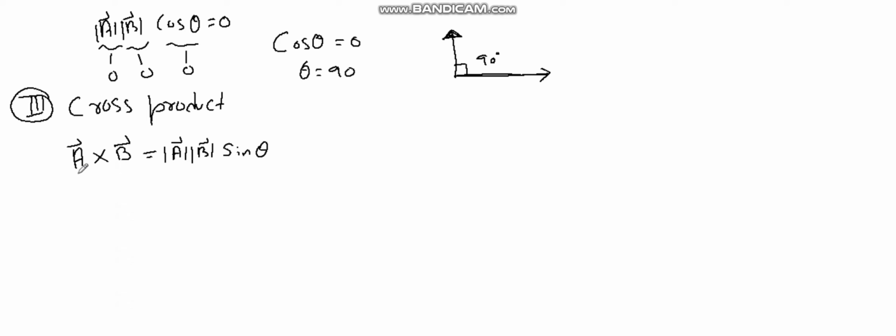But the result of this cross product of A and B will not give a scalar value. This is the scalar value, so we have to introduce a direction. Let's say this is the n direction. The cross product will give another vector, whose value is this, but the direction is n. What is this n? We will see from the geometry.